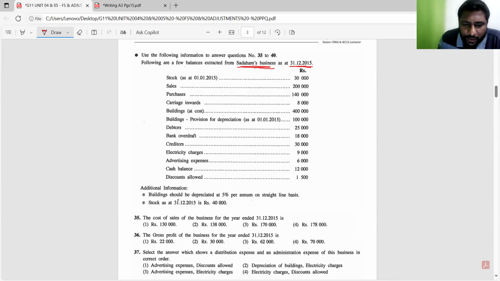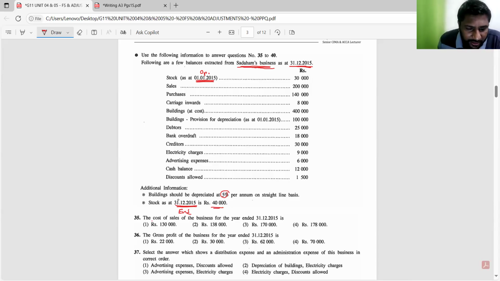Additional information: building should be depreciated 5% per annum. Stock balance at the end of the year, this is the last day, is 40,000. This is stock opening, first day, and this is closing. Two different types of stock.